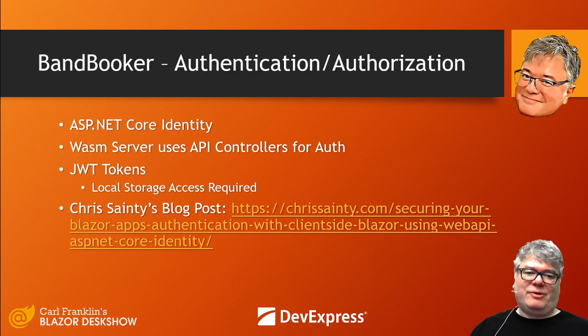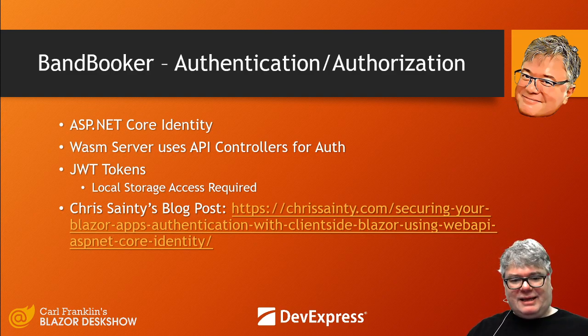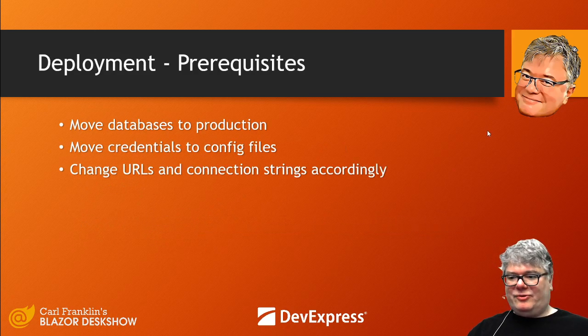And by rolling your own, I mean not use the template, but make your own register page, your own login page, your own API controllers, and all that stuff. So all of that I got from Chris Sainty's blog post, and he gave me permission to use it. And gladly. Thank you, Chris.